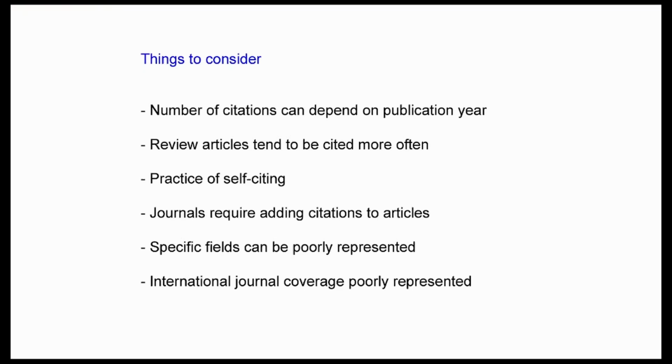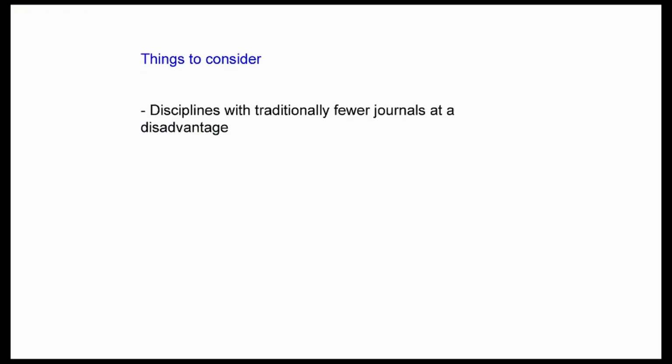So there is also bias regarding significance between variables of any sort. You need to understand that disciplines with traditionally fewer journals have a disadvantage, as indicated before. Particular metrics may not include certain journals of certain topics. So again, there is not a perfect measure.